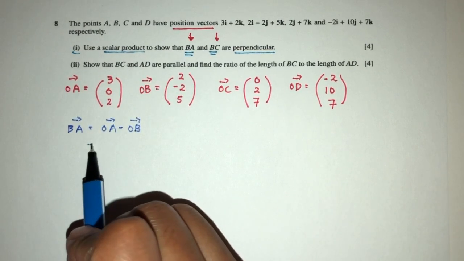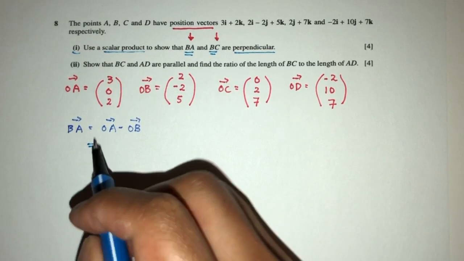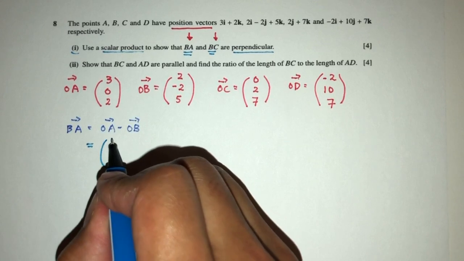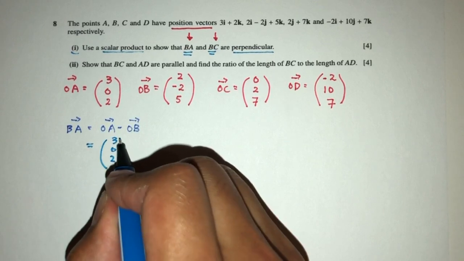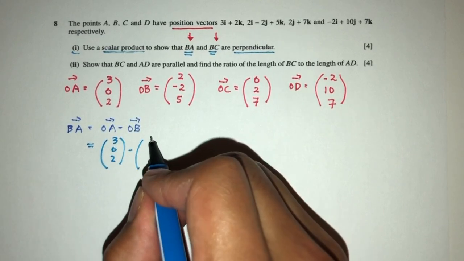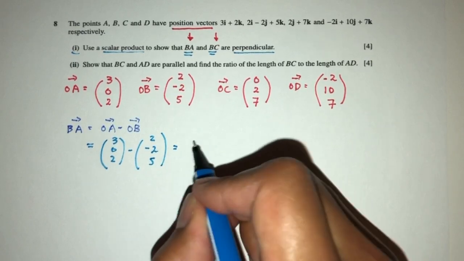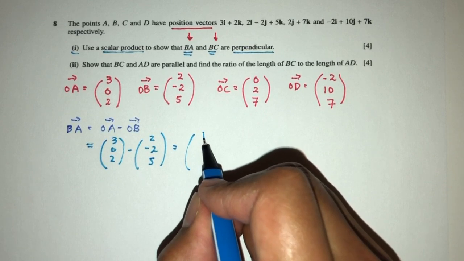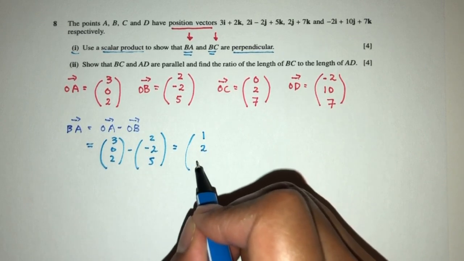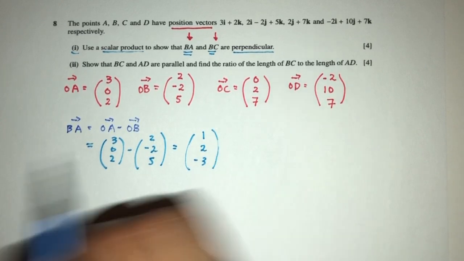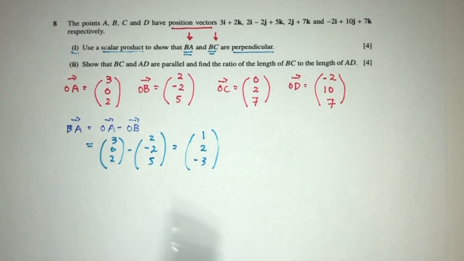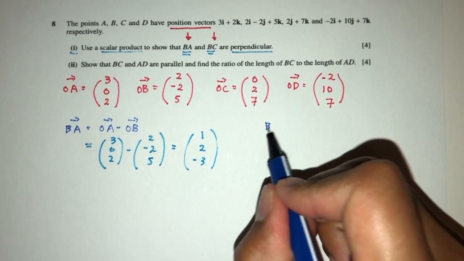Now let's simplify. OA is given by 3, 0, 2, and OB is given by 2, minus 2, 5. That will give you 3 minus 2 is 1, that will be 2, and that will be minus 3. That will be BA. Now moving on, we have BC.